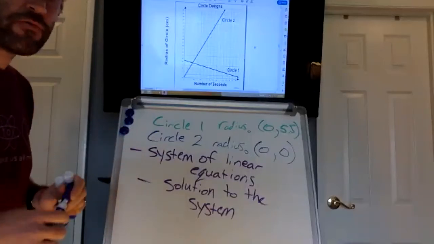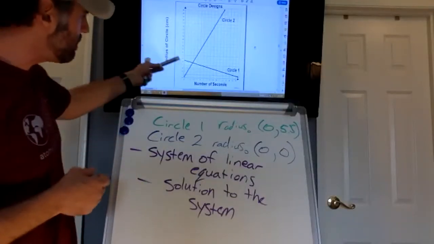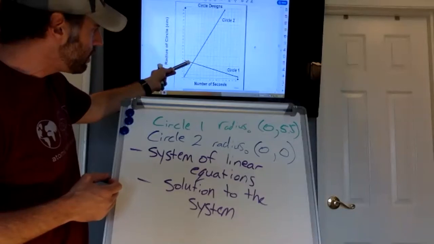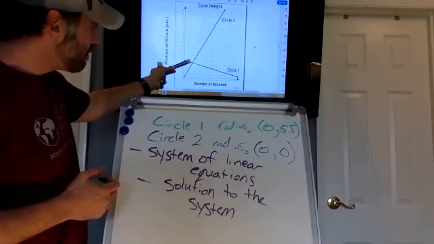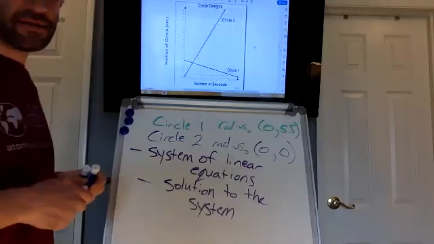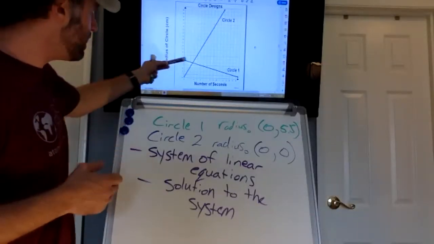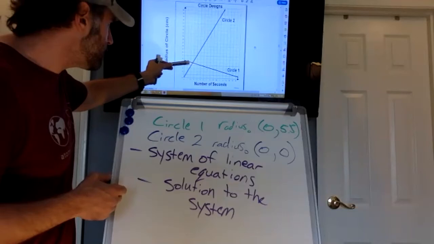Okay, that's for future reference. That location is where what's true about the circles at that point? That they're the same size. They're the same size. So those two circles are congruent at that time and at that radius, whatever that is.